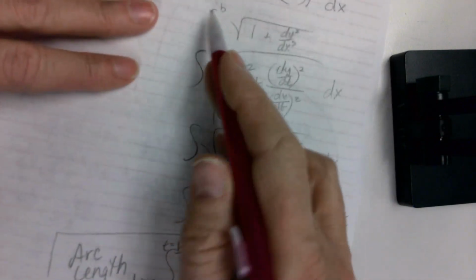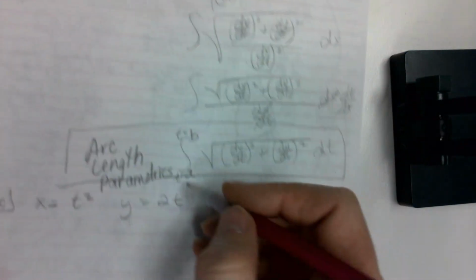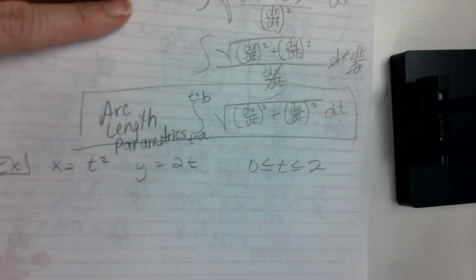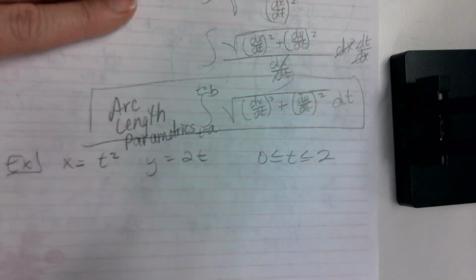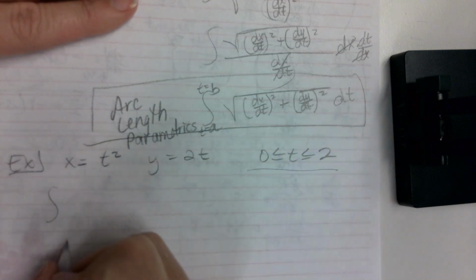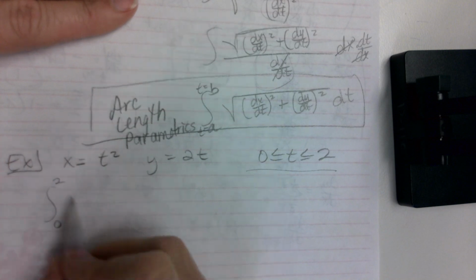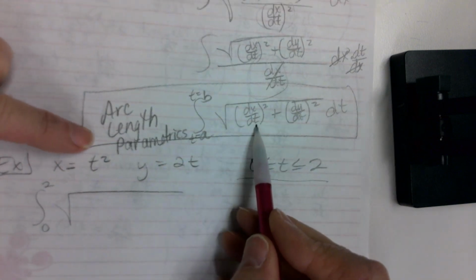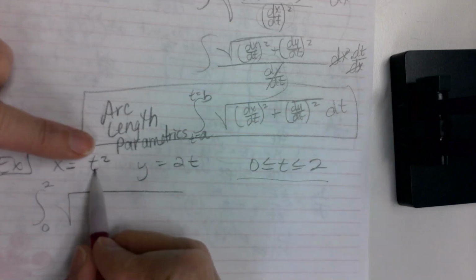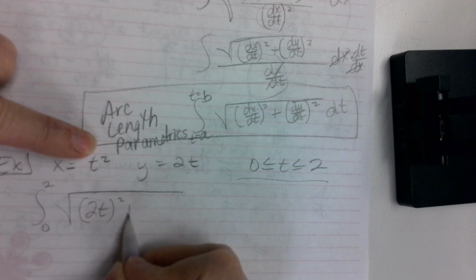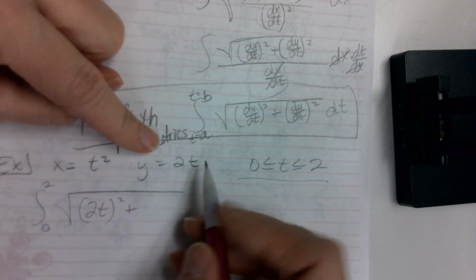So those would have to be converted to t values, whatever they are. So what's our setup for arc length? Integral from, it's given, 0 to 2, big square root of dx dt quantity squared. What's the derivative of y with respect to t?